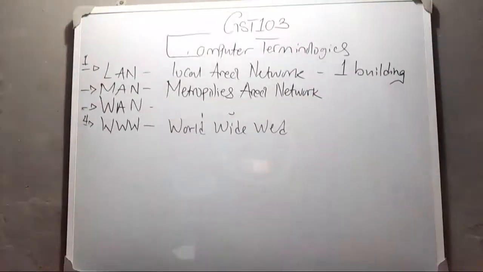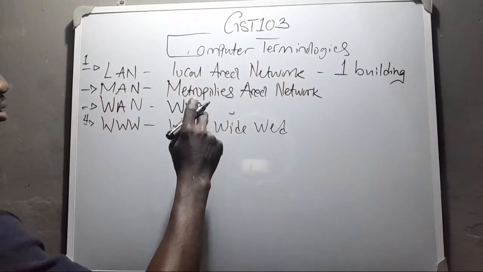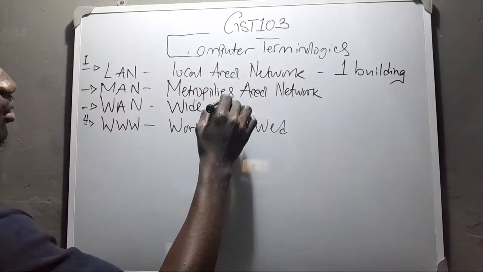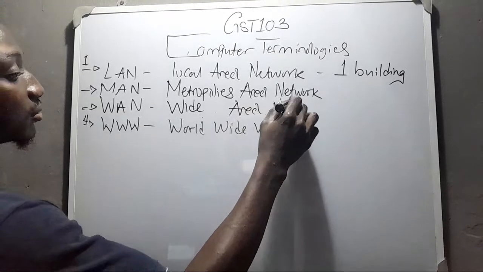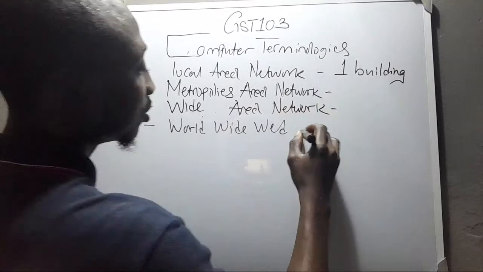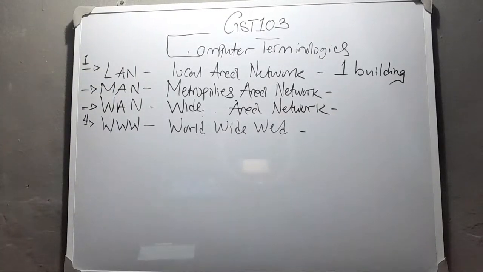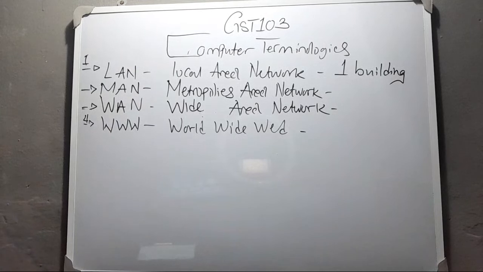So you have wide area network. Now, metropolis area network is referred to two LANs laying between two buildings.